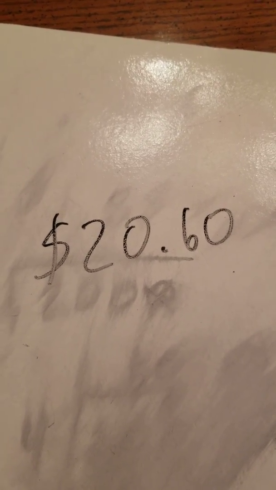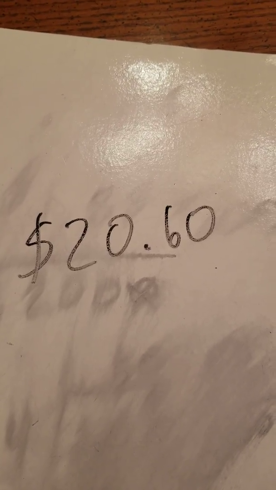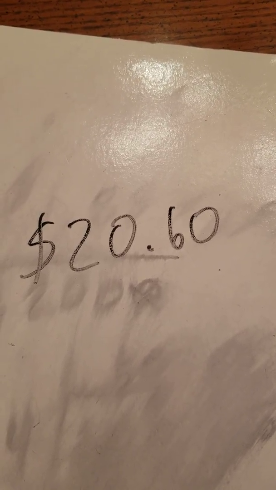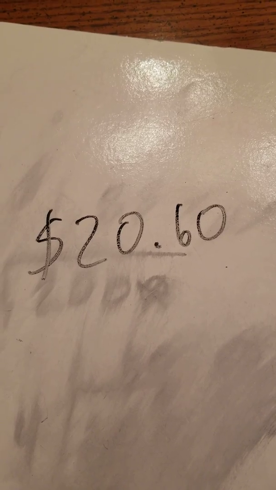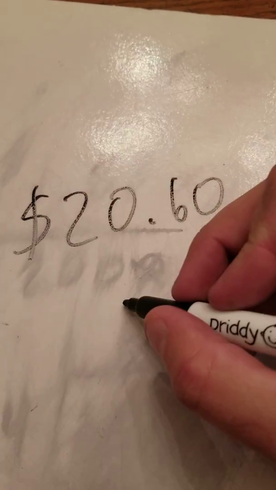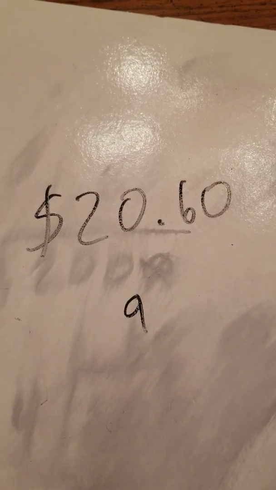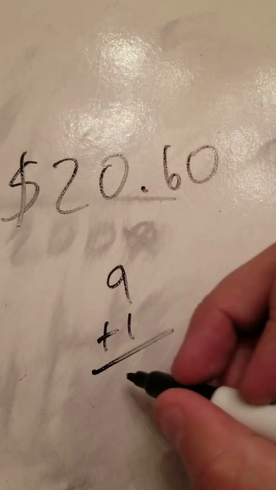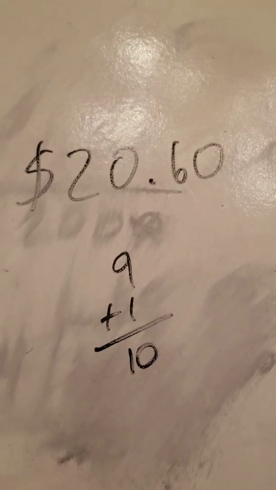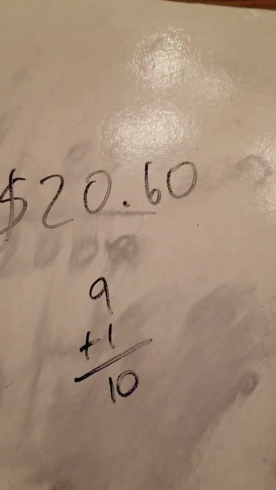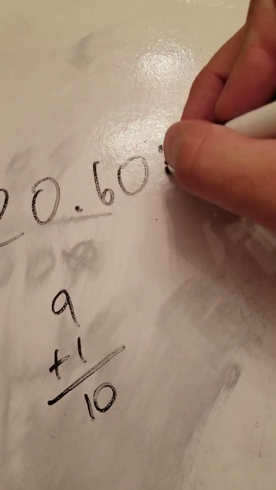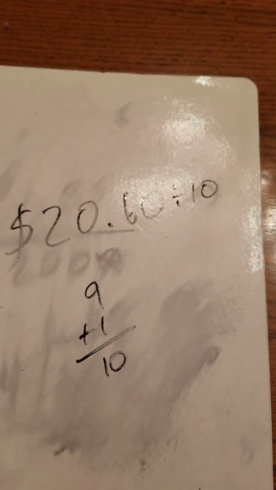The last one, number 15, Boston has $20.60 that he wants to split equally between himself and 9 friends. Well, if he has 9 friends and himself, that's a total of 10 people that he is wanting to split it between. Splitting means to divide, so we're dividing by 10.